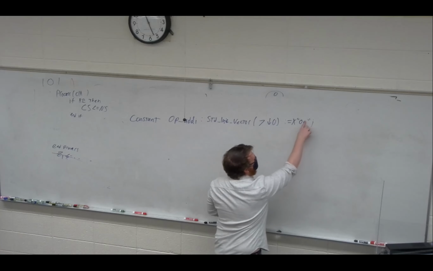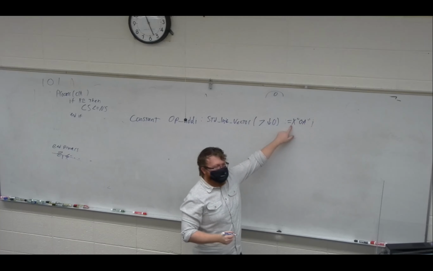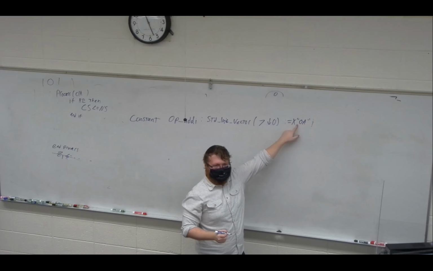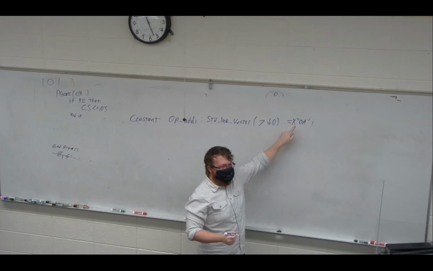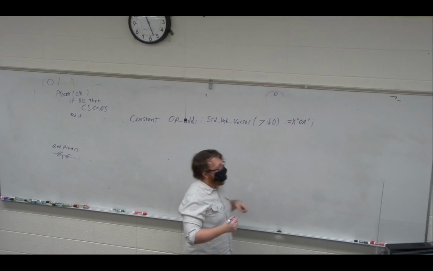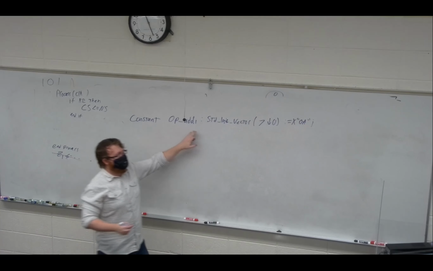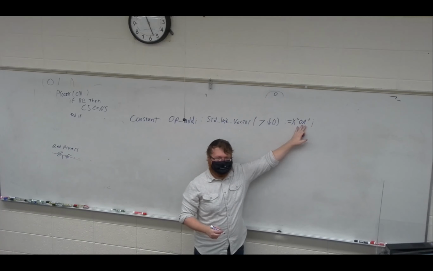Or it could be 0A, because this X quotation is telling us that this is an 8-bit hex code, right? So now, if anywhere I were to write op add I, I get this.